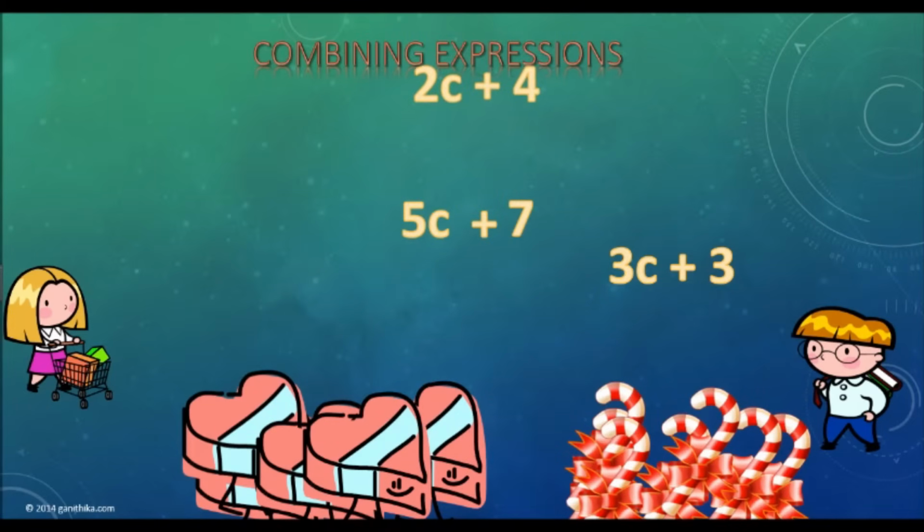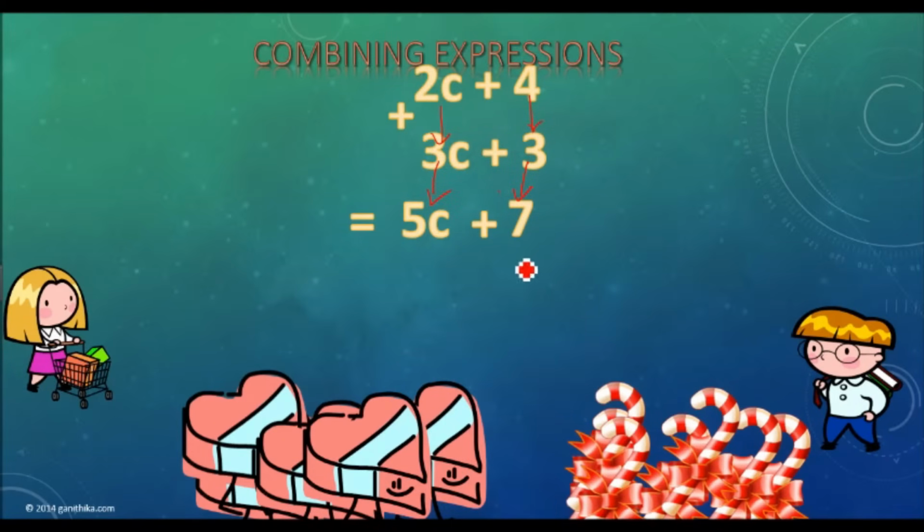This is 2C plus 4 from Alice plus 3C plus 3 from John. Therefore, you add together: 2C plus 3C is 5C and 4 plus 3 is 7. That's how you combine two expressions. Just add the terms which have the letters together and add the constants together. Fine, this is not going to be difficult at all.